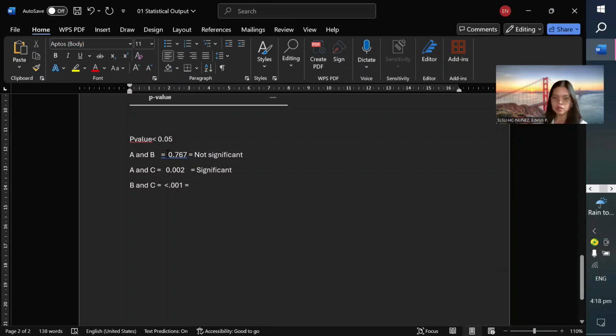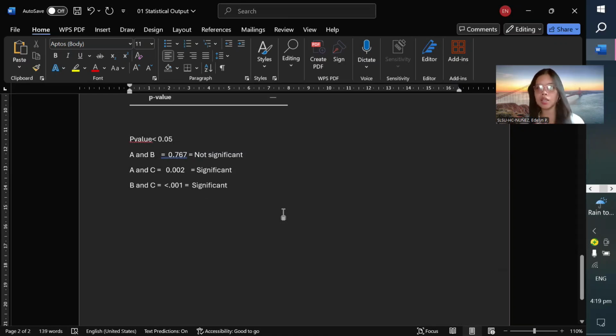Next to decimal is 0. Next to decimal is 0. Then we have 5. Then we have 0. Therefore, B and C is less than the threshold of 0.05. This one is significant. So, in this equation, we already know that C causes the significant difference. A and B are just the same. But C, it's completely different.